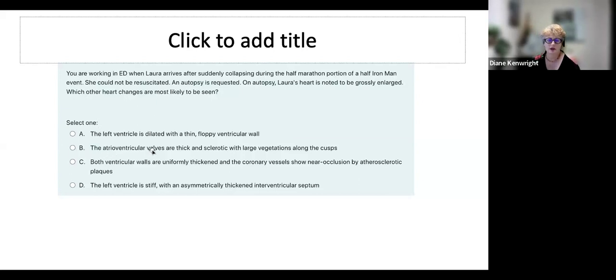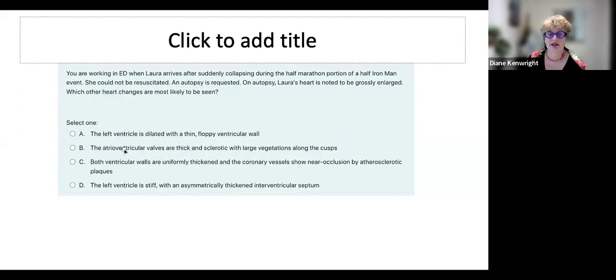The valves, there's another talk on valves soon. You might have watched it first. Yes, this is a disease of old people, and Laura is, no, we don't know how old she is. I presumed Laura was young because she was running the half marathon, but older people do it now.